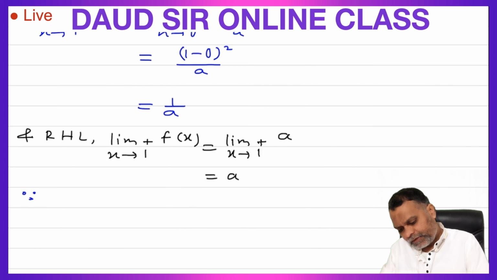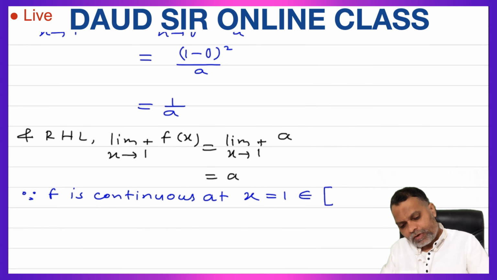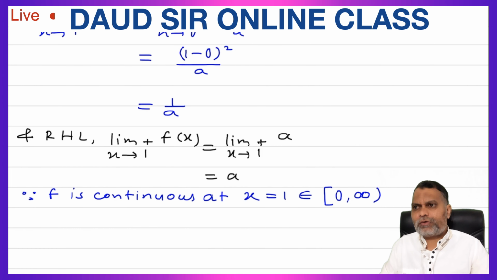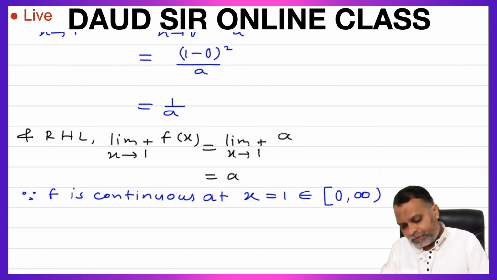Since f is continuous at x is equal to 1, and 1 belongs to the semi-closed interval 0 to infinity, it is greater than 0 but less than infinity.